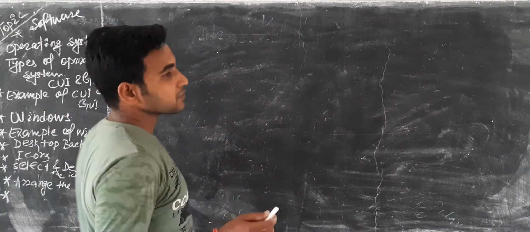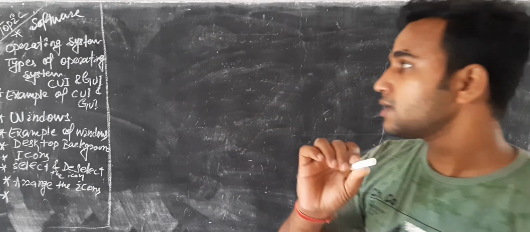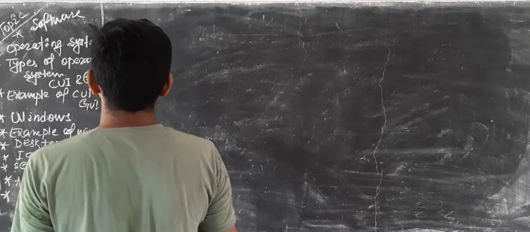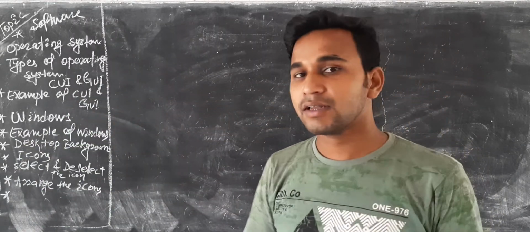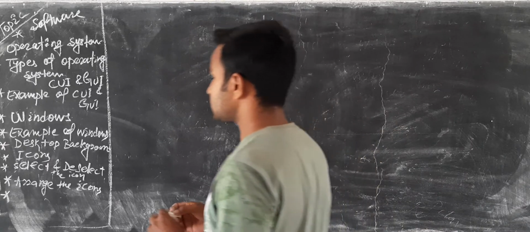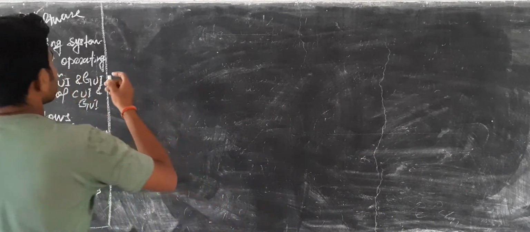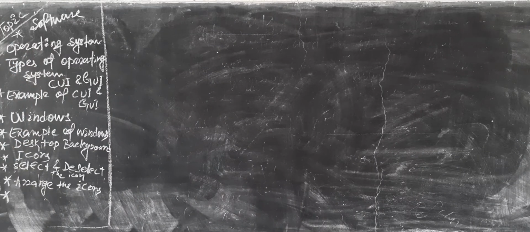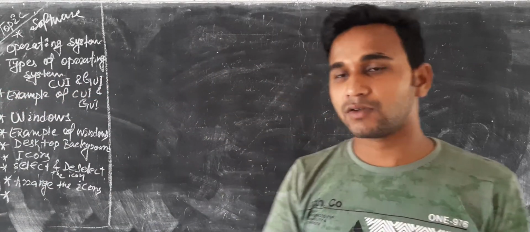First, software. Software is a set of programs. It has two types: system software and application software.